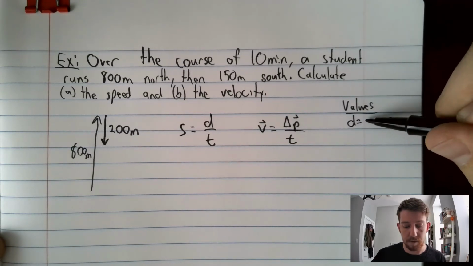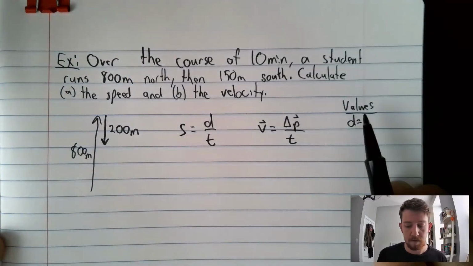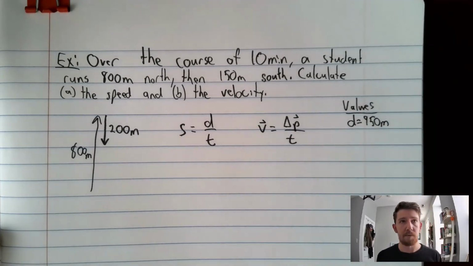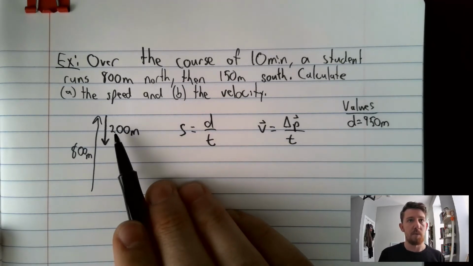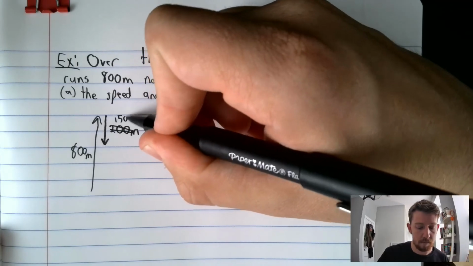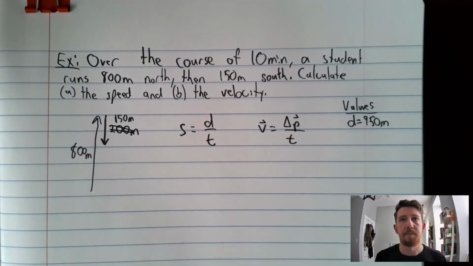So D is going to be, oh man, D is actually going to be 950. I made a mistake with my drawing. That should be 150 meters. How embarrassing. Okay, 150 meters actually.